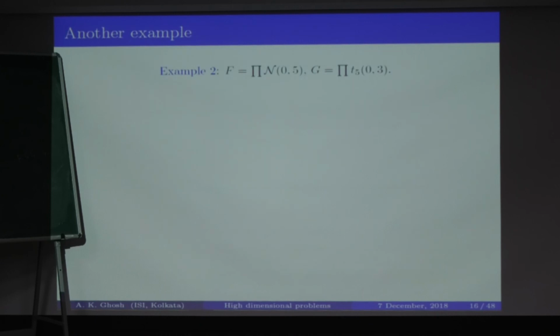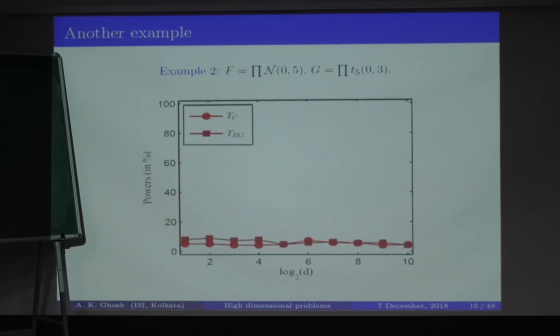Okay. So here is another example where F is a multivariate distribution whose components are independent and identically distributed, normal 0, 5. And G is another population which also has independent and identically distributed component variables, and each component follows a t distribution with 5 degrees of freedom, and the scale parameter is 3.